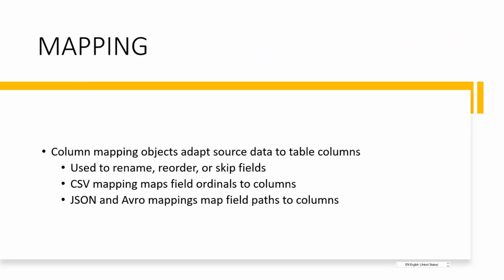The mapping is a setting, a definition that maps a source field, attribute, or column into a destination one. As part of the mapping, you can rearrange the order of the columns, you can skip some of the columns, and you can also change some types, slight differences of data type, into one column.